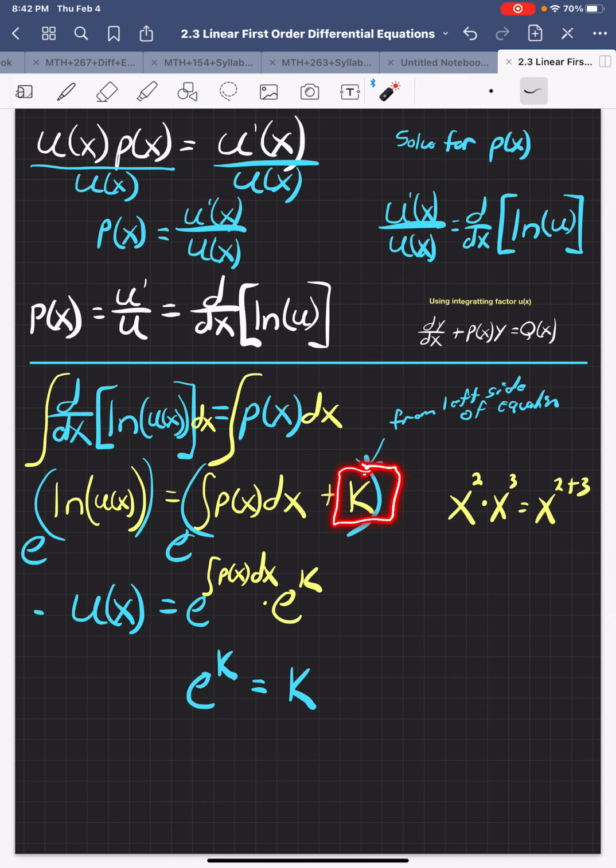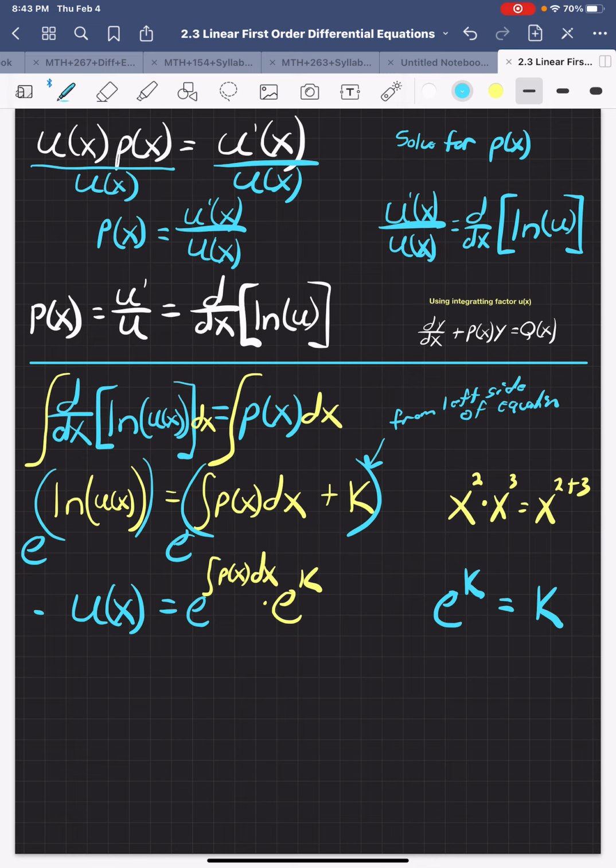So if I have no idea what k is, I have no idea what e to the k is. But it's just a constant, right? I know that if k is a constant, then e to the power of k is also a constant. So if it's just a constant, I'm just going to label it k. So this part right here is about to be turned into just k.